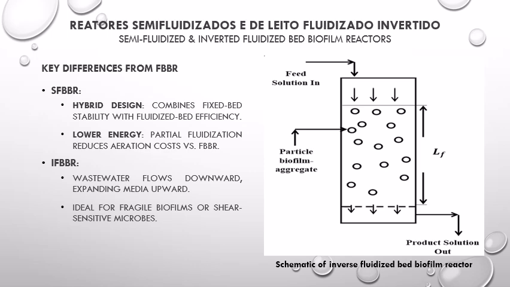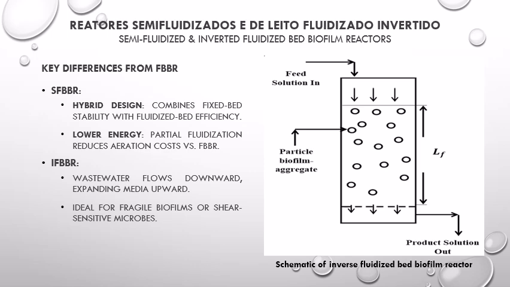The next methods which we have are the semi-fluidized and inverted fluidized bed biofilm reactors. The semi-fluidized bed reactor carries a hybrid design in the sense that it combines fixed bed stability with fluidized bed efficiency.